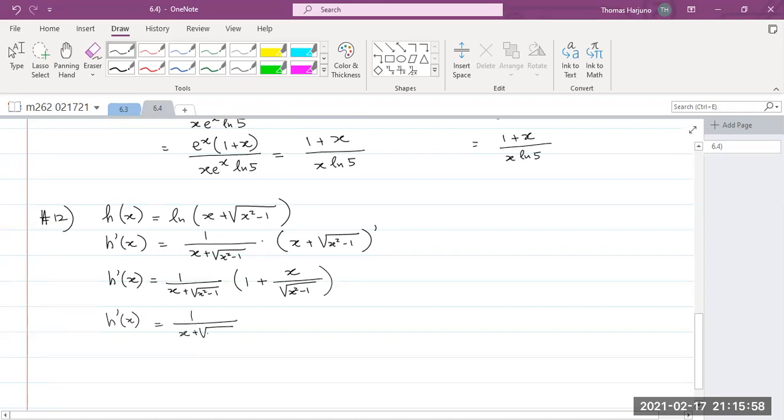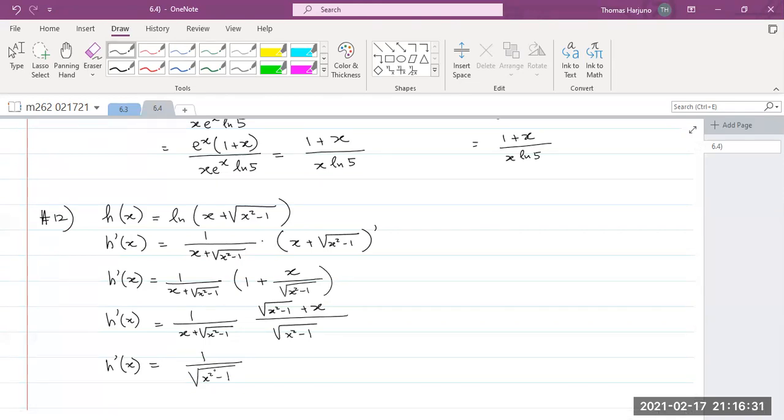So the guy inside the parentheses, if I simplify that, becomes square root of x squared minus 1 plus x over square root of x squared minus 1, which simplifies to 1 over square root of x squared minus 1. Am I making any mistake here? I don't think so.